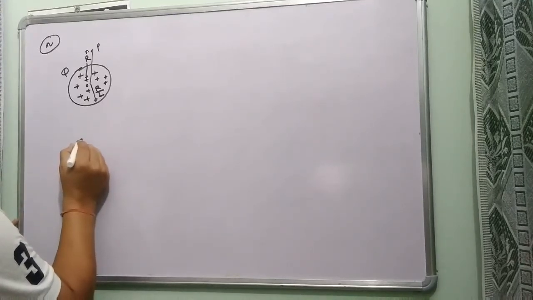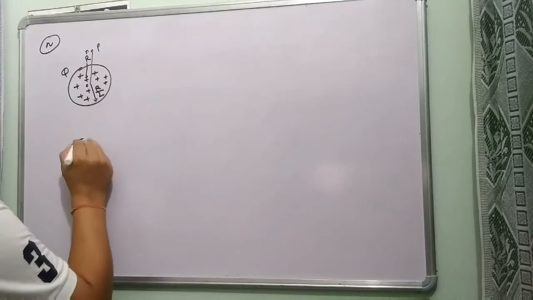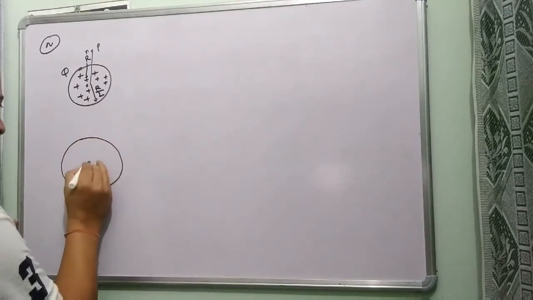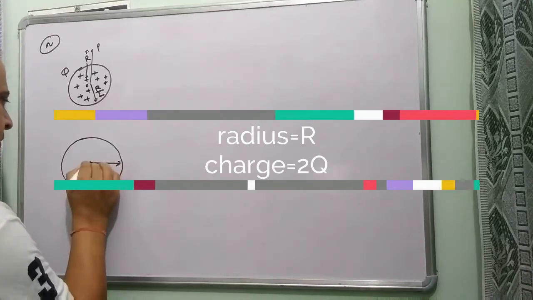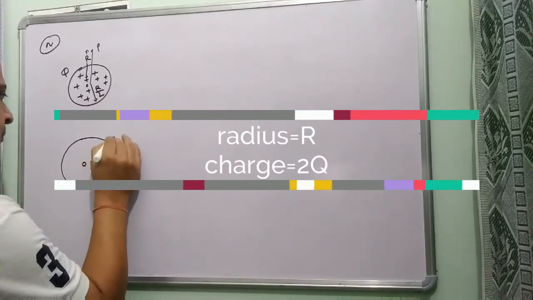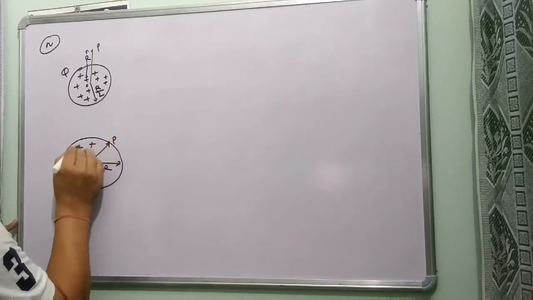And second, center O, radius R, point P on the surface.